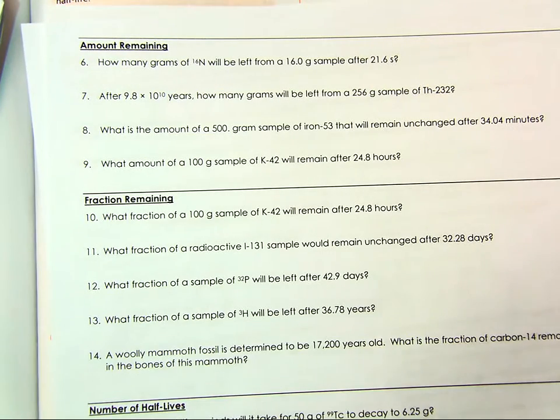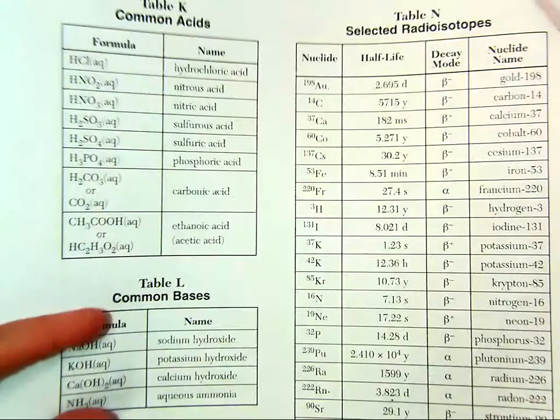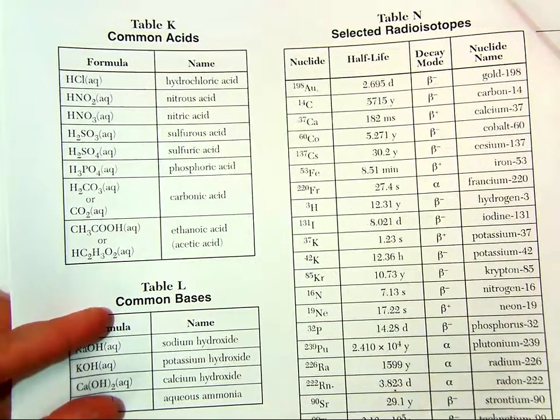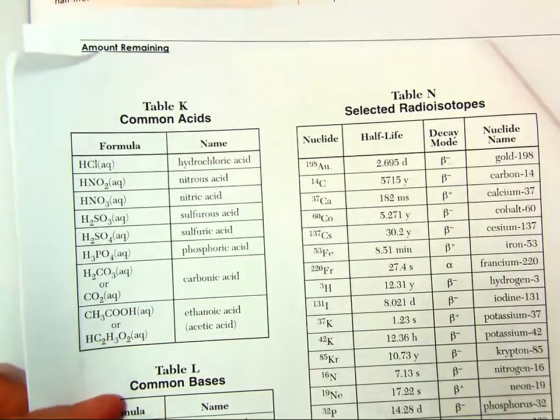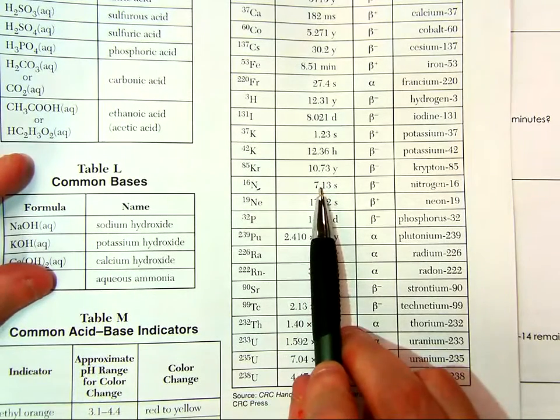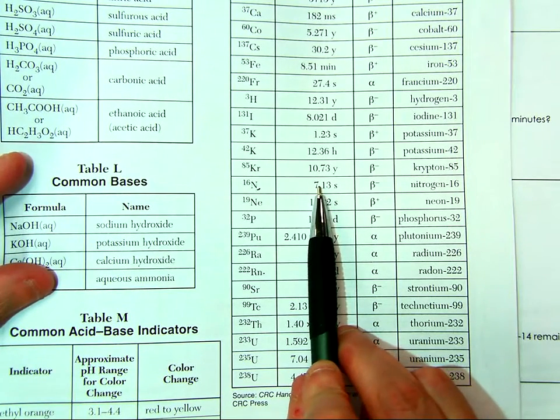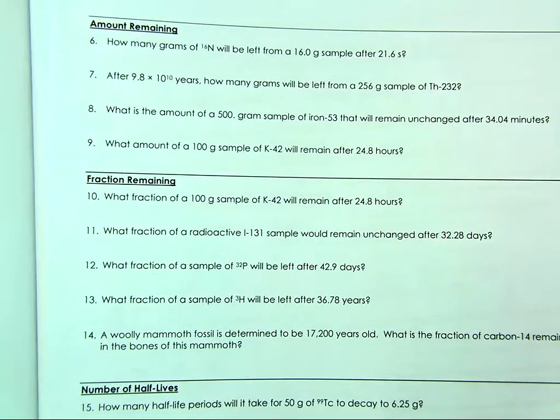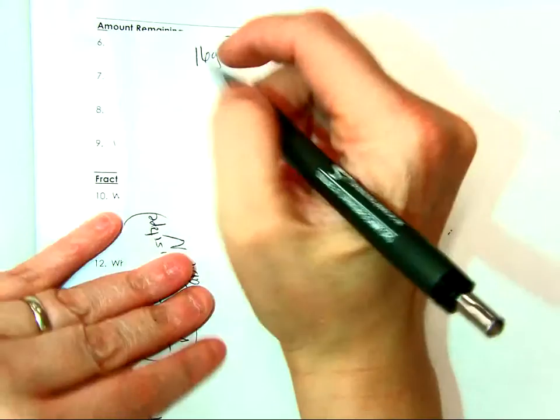So let's take a look here. We have nitrogen-16, which is right here. Okay. One half-life is 7.13 seconds. Okay, so let me just write this.